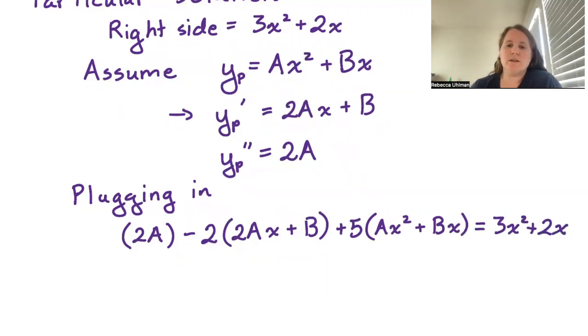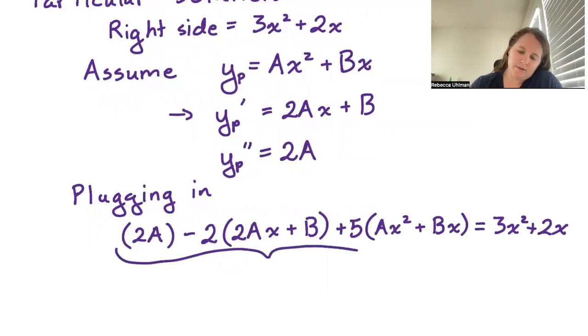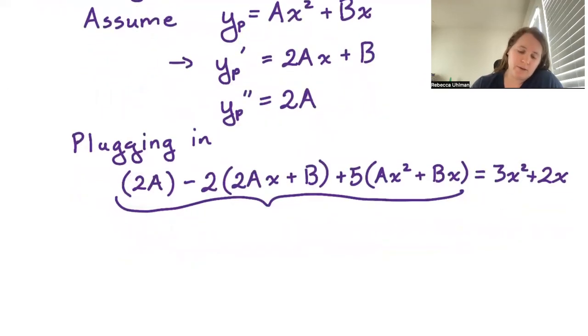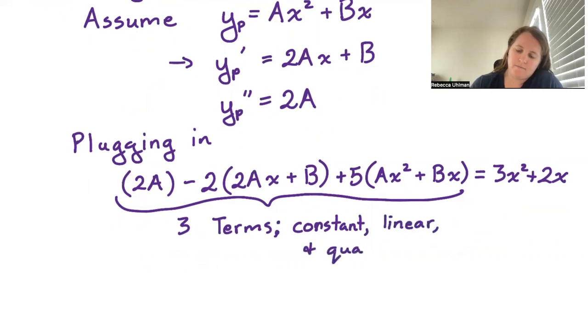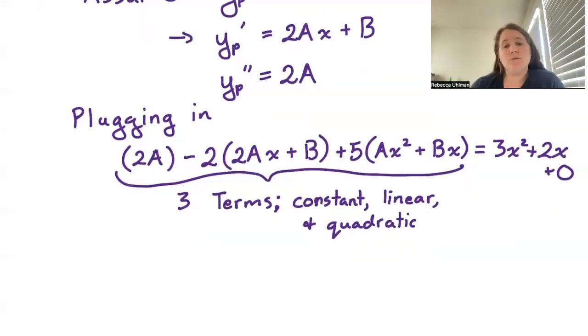Now, we have an issue here in that we will likely have a constant term, a linear term, and a quadratic term. So the left side here will have 3 terms: constant, linear, and quadratic. To match, we could add a plus 0 on the end, but we only have 2 constants.